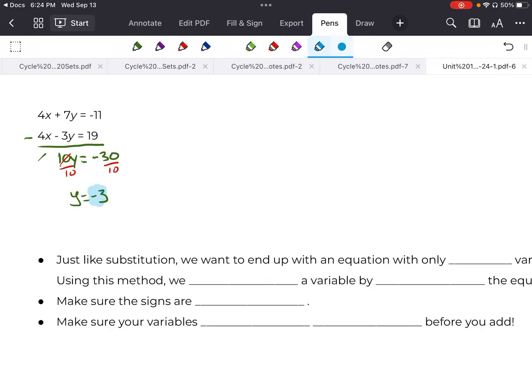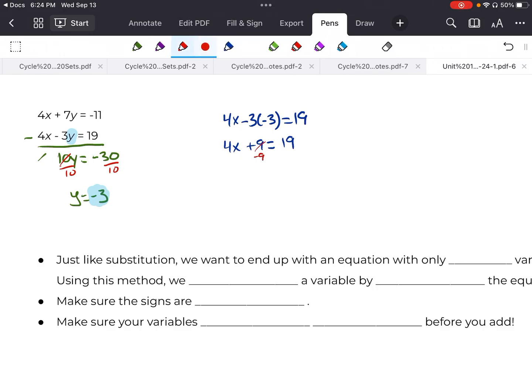Okay, now we're going to take that negative 3, let's plug it into the bottom one this time. So we have 4x minus 3 times negative 3 equals 19. 4x plus 9 equals 19.